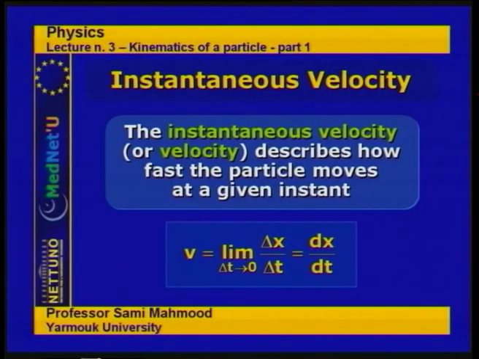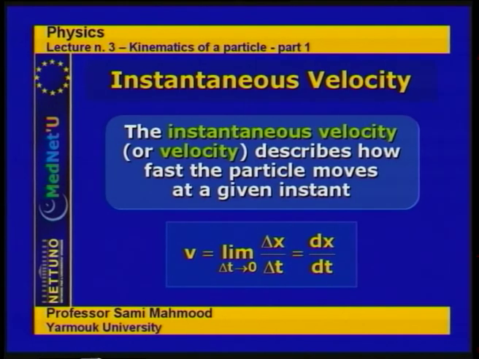So mathematically, the instantaneous velocity, or the velocity as we can call it, is simply the limit of the average velocity, delta x over delta t, as delta t goes to 0. This definition, the limit of delta x over delta t as delta t goes to 0, is simply the derivative of the position x with respect to time, dx by dt.